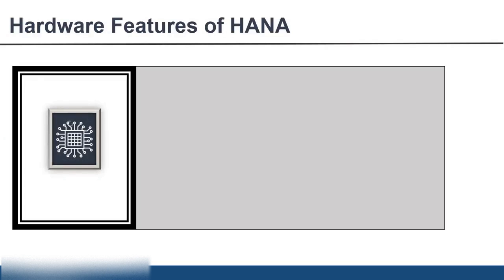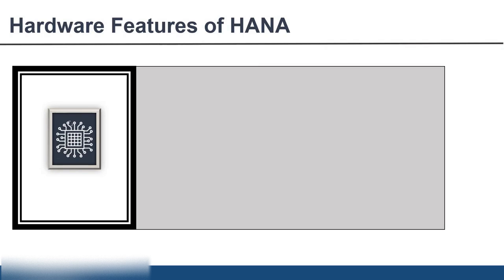So before going to hardware features, the first question you need to understand is why you need to learn hardware features of HANA. And the answer is, HANA is so fast, or HANA can give you better performance, because of a combination of hardware features and software features.